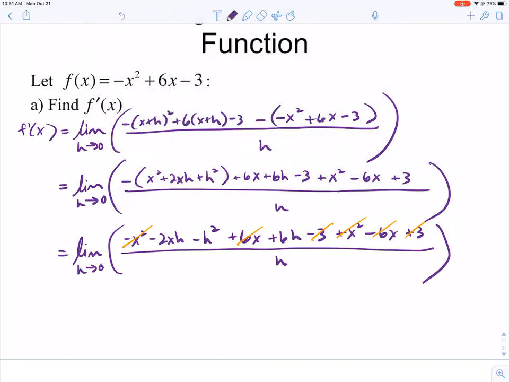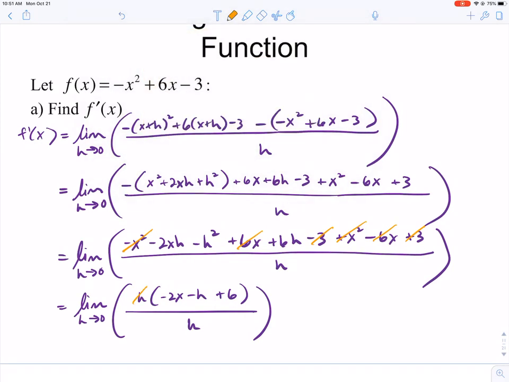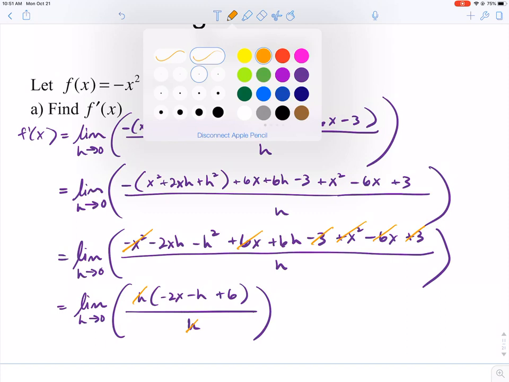Notice that we're left with only terms that have an h in them in the numerator, so we can factor an h out in the numerator. So this h cancels with the h in the denominator.